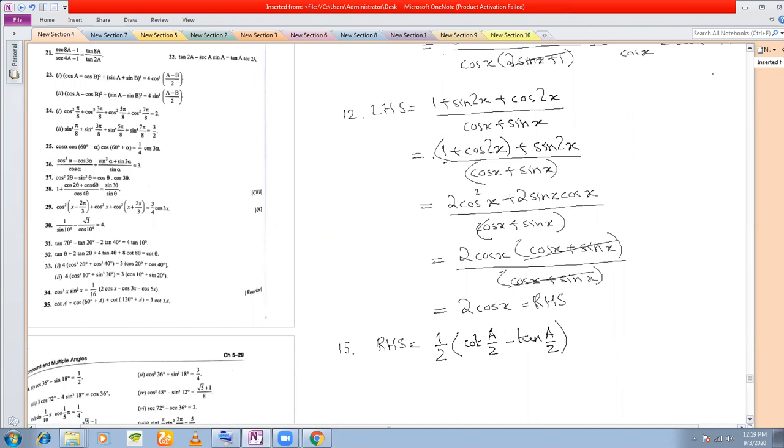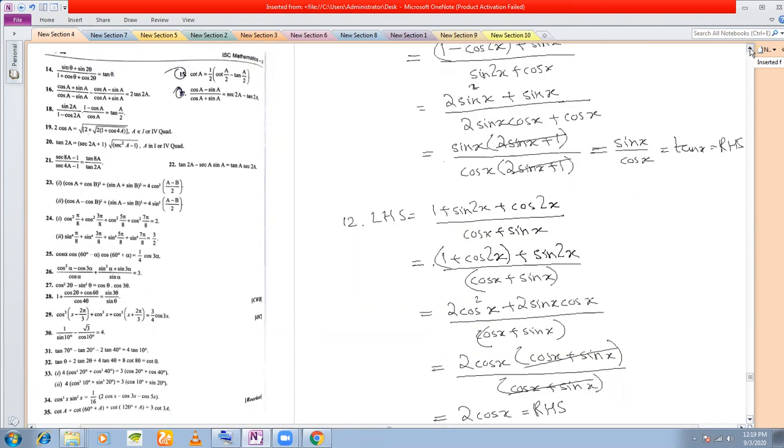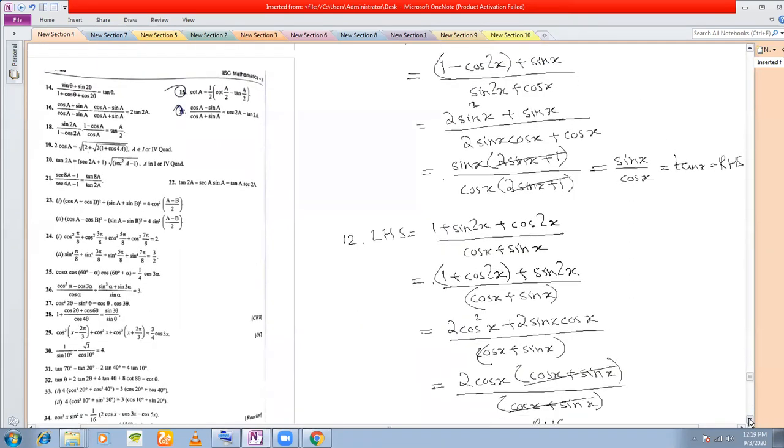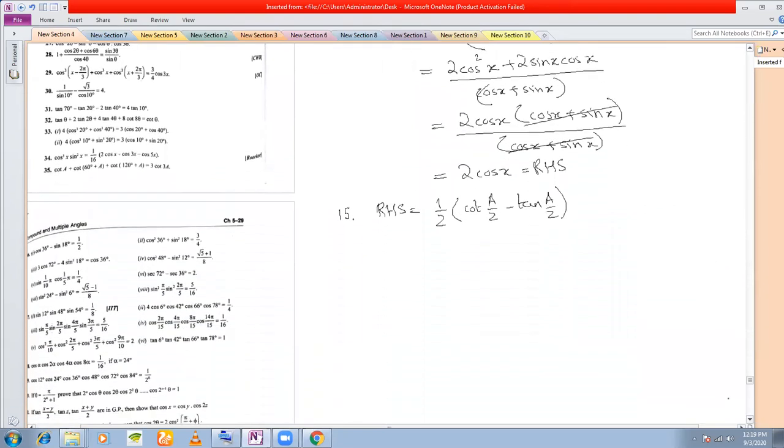And you have to prove that this is equal to cot A simply. So what you do here is you change everything to sin and cos: cos A by 2 by sin A by 2 minus sin A by 2 by cos A by 2.